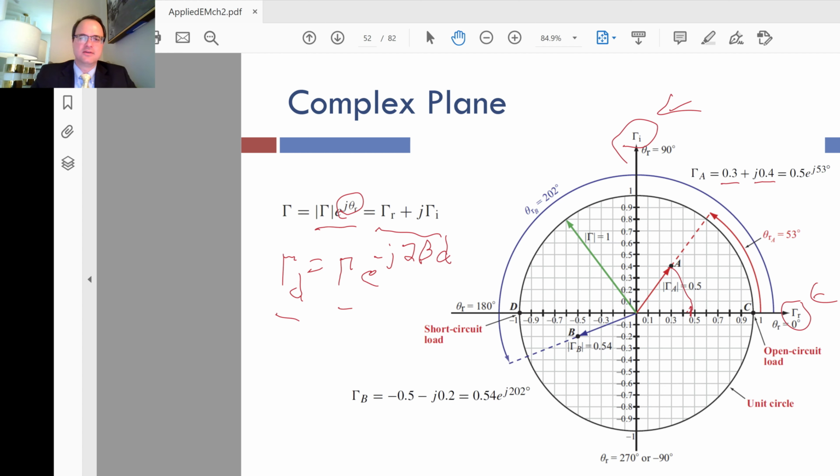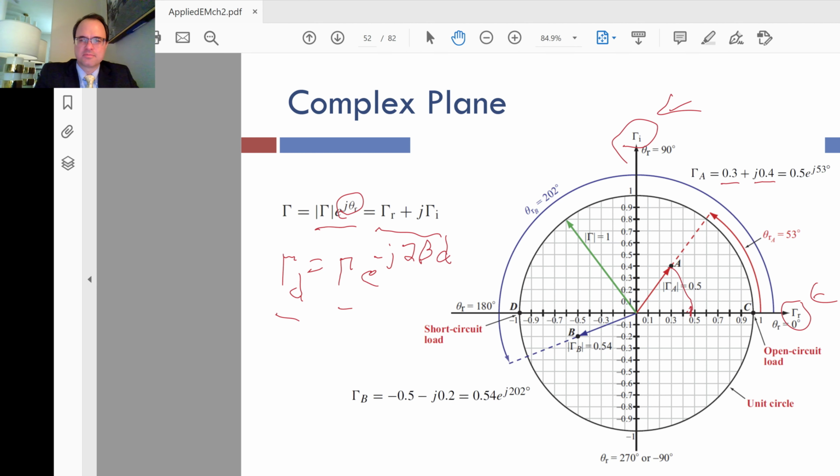So as d goes from being 0 to some positive number, gamma sub d will be different than gamma, but not its magnitude. Its magnitude will always be just gamma. The only thing that will change is the phase, which acquires an additional phase of minus 2 beta d.